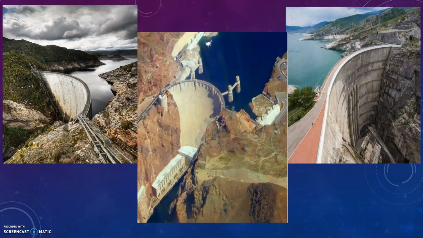Next point, because of much less base width, the problem of uplift pressure is minor in the case of arch dam. And also, since only a small part of water load is transferred to the foundation by cantilever action, an arch dam can be constructed in moderate foundations where a gravity dam requiring sound foundation rock may be unsuitable.